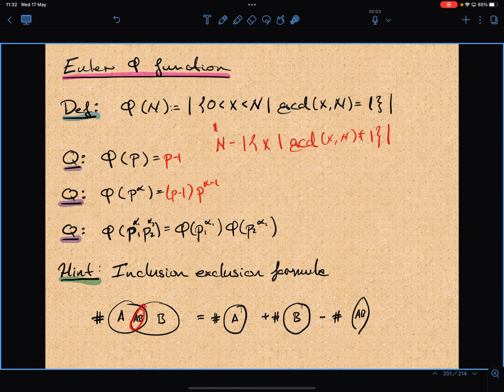And that's the intersection. So to count this, you can count things that have P1 factors plus things that have P2 factors, and then remove the double count of things that have P1 factors and P2 factors to actually get the count for this set.